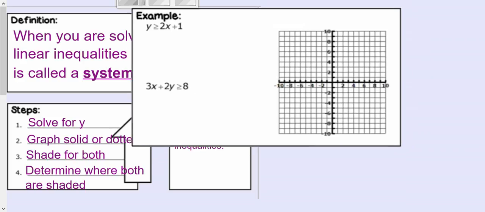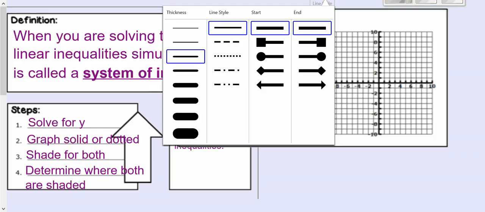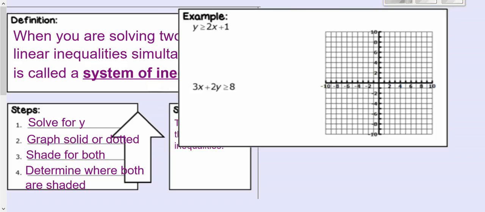Okay, so looking at our example, I have y is greater than or equal to 2x plus 1, and 3x plus 2y is greater than or equal to 8. So I can see that one of my inequalities is solved for y, but the other one is not.